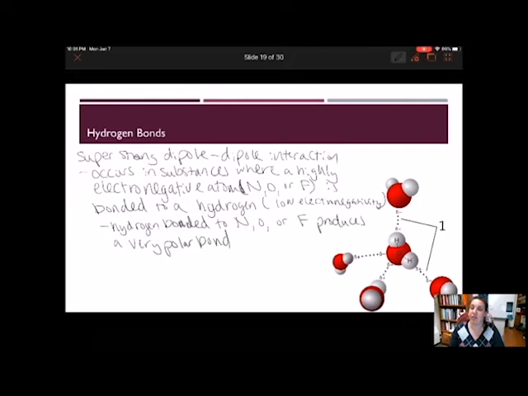And what happens is an electron pair from a highly electronegative atom will interact with that hydrogen attached to a nitrogen, oxygen, or fluorine. So we have to have a substance that has a nitrogen, oxygen, or fluorine bonded to a hydrogen, and then we have to have a nitrogen, oxygen, or fluorine that has an electron pair.